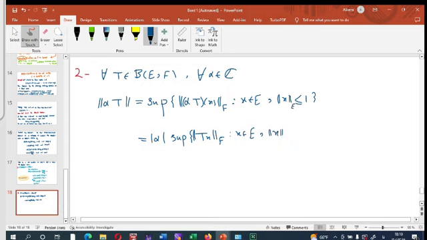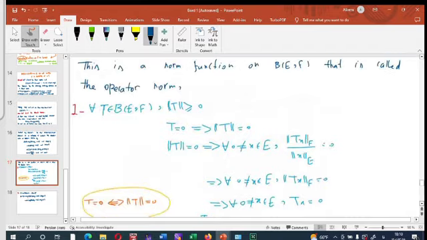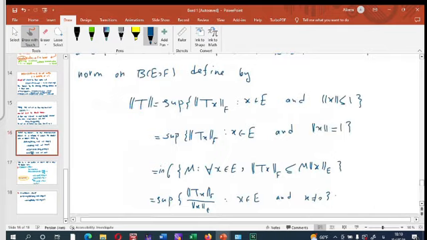All of this norm must be considered in E. Okay, it is trivial because x is an element in E.